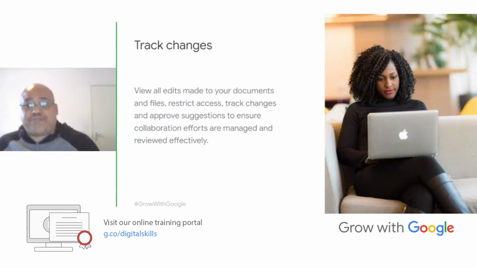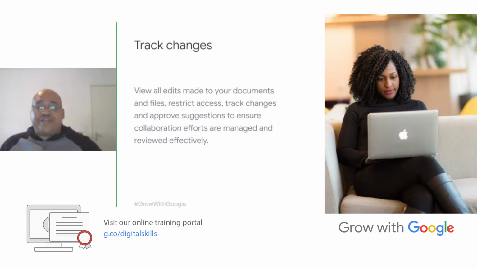Tracking changes. If you're collaborating with several people in a single file, it can be difficult to pinpoint who made certain changes and when. The way you keep track of changes in shared files is by identifying changes and who made them. And this is automatically possible in Google Workspace.